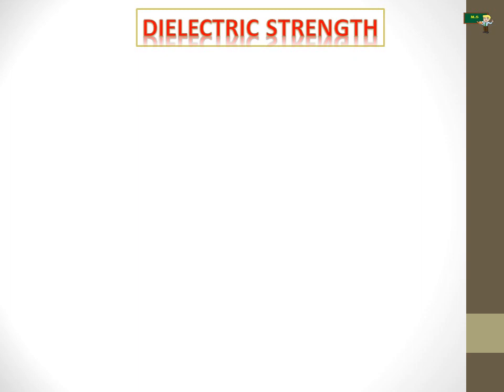Or if you take a mica sheet, we should know the strength of that mica sheet to retain its dielectric power or strength. So there are some ranges for all the dielectric materials. For example, the dielectric strength of air is 3 × 10^6 V m^-1.